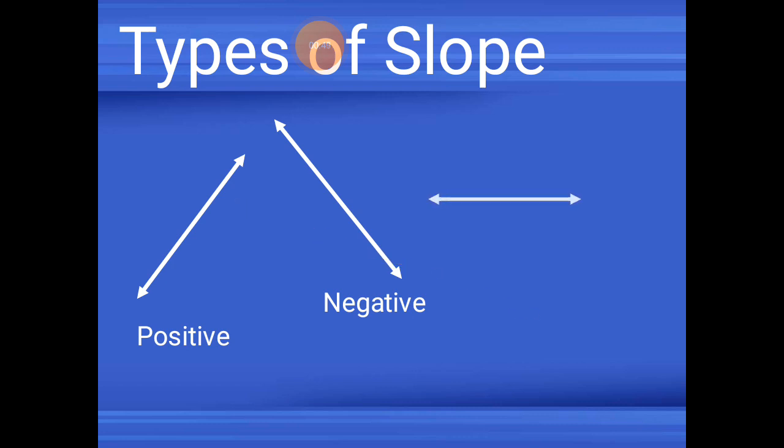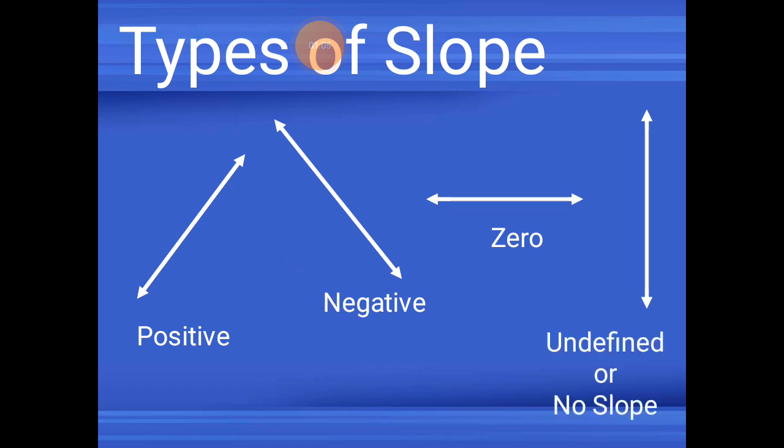Then a horizontal line has no steepness, therefore the slope is 0. But if the line is a vertical line, the slope is undefined or no slope because it's already vertical.